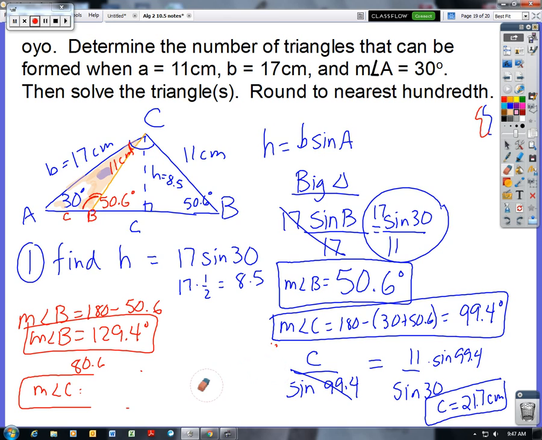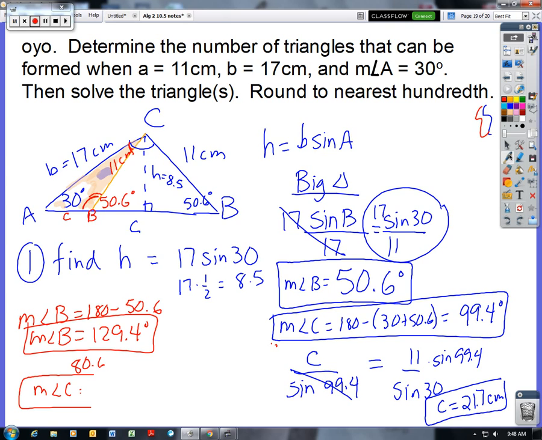Okay, something isn't right. I made some kind of a mistake. See if I can find it real quick. Okay, so we did 180. Oh, I made a mistake right here. Well, no, that's 50.6. Oh, great.